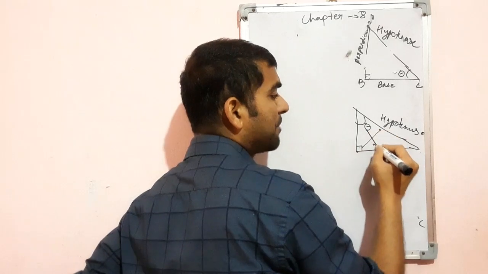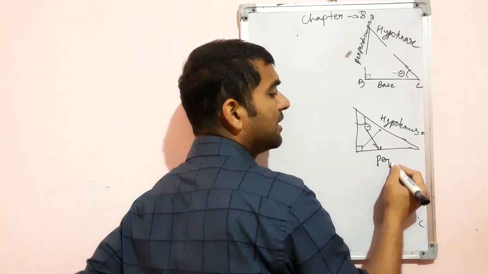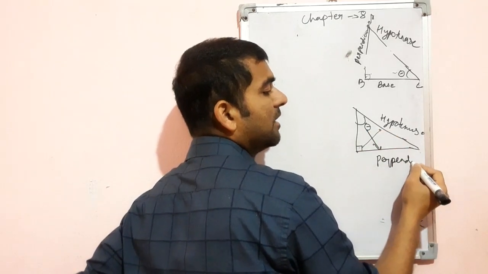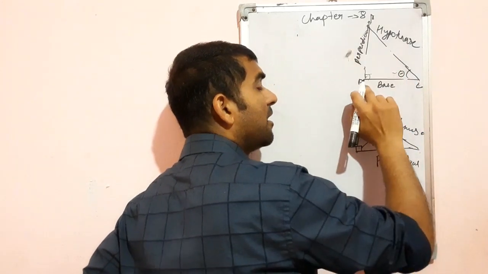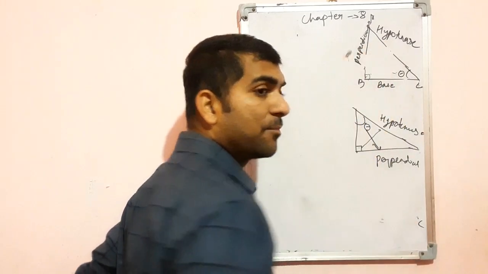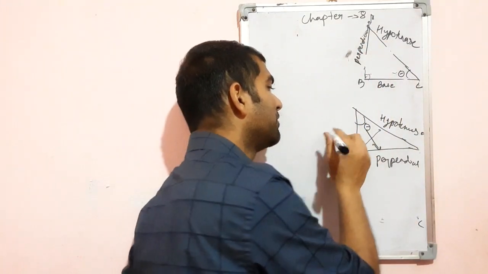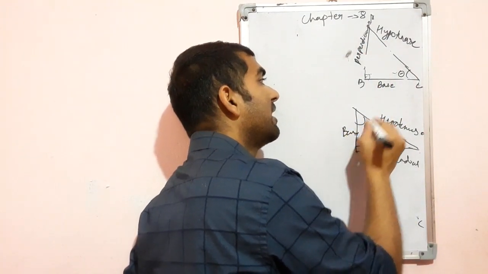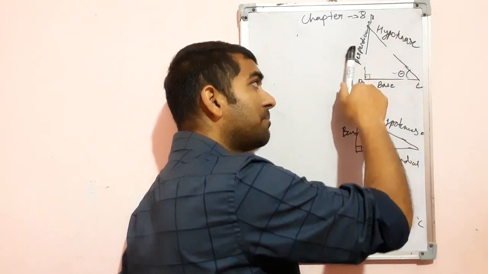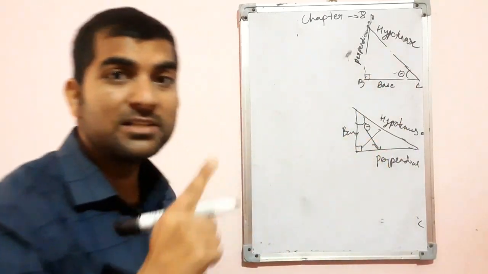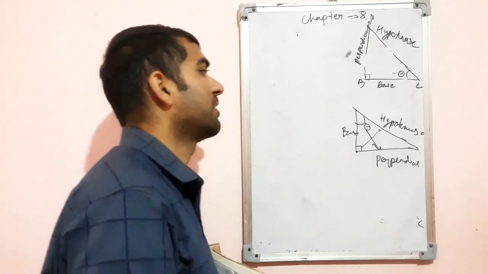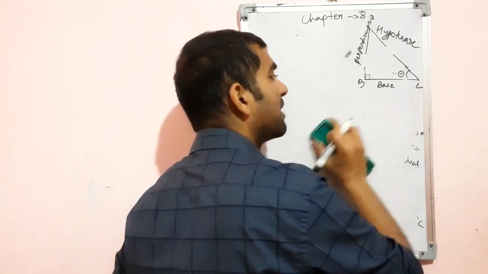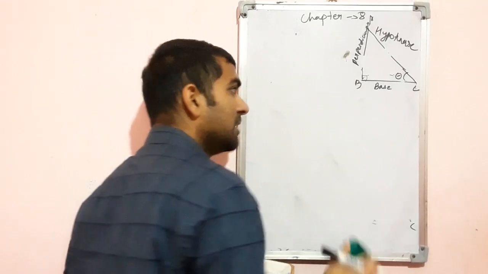Opposite to theta is the perpendicular, opposite to 90 degrees is the hypotenuse, and the remaining side will be your base. First find the hypotenuse and the perpendicular, then the remaining side is the base. This is an important concept for this chapter.